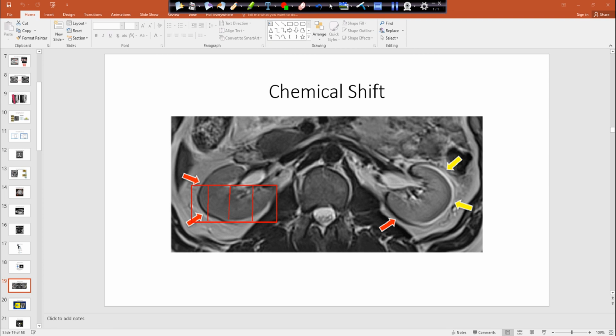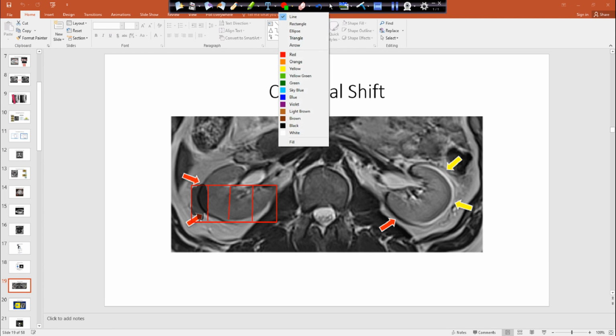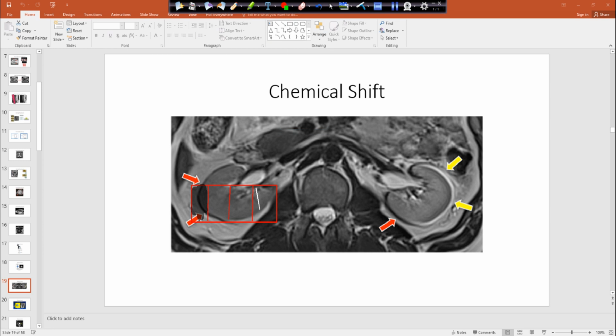So one side is going to be dark, and that's why you have that dark band on this side of the kidney. And then the other side, I don't have white, but here's white. It'll be light. Okay, so that's what's happening here.